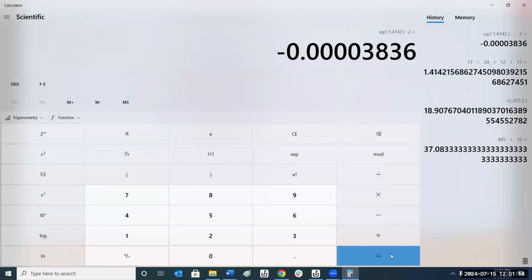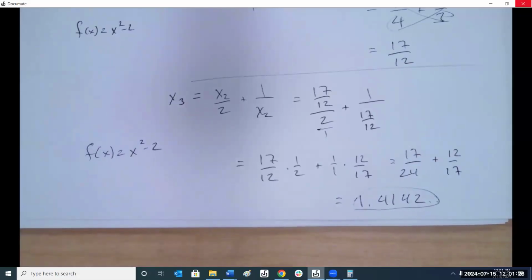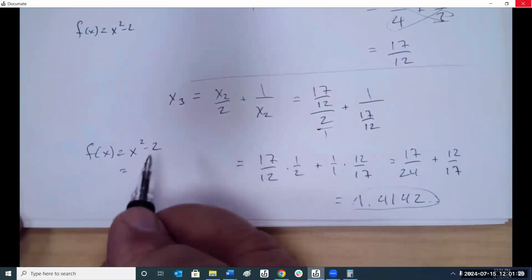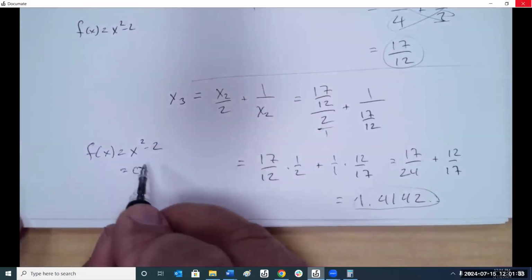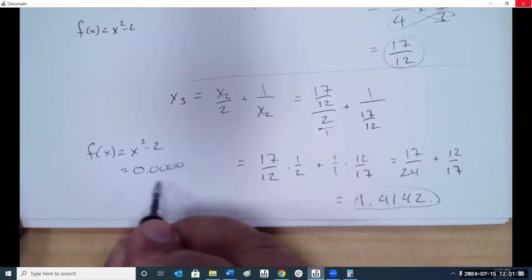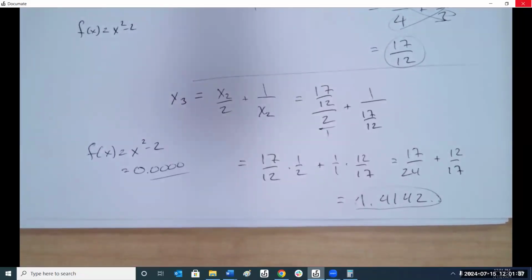Okay, what's going to happen here is now we take each of these numbers and plug them back into our original equation. Each one of these numbers we put in there, the values are going to get smaller, smaller, smaller. We want to get closest to zero as we can get.